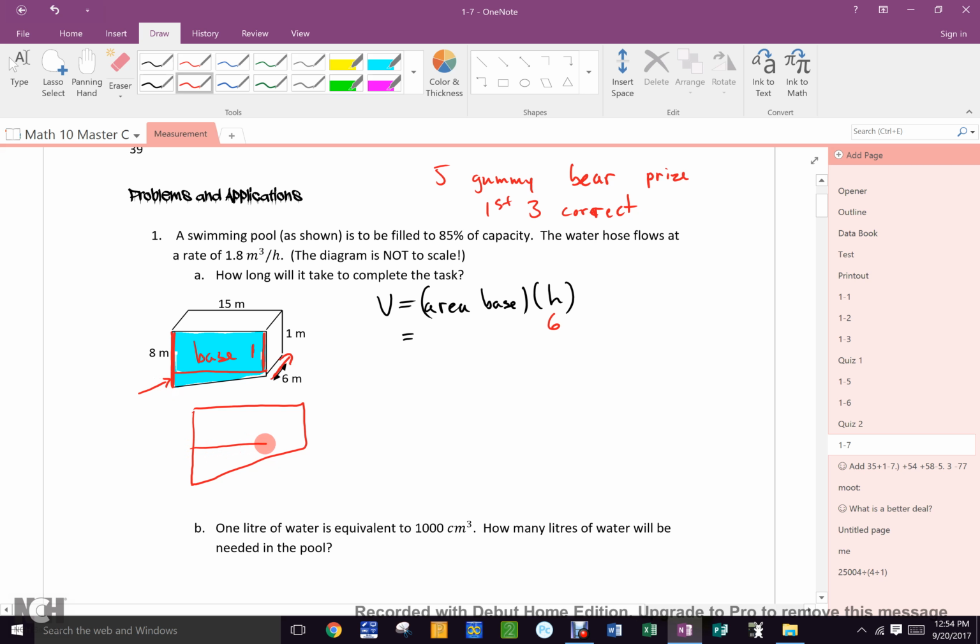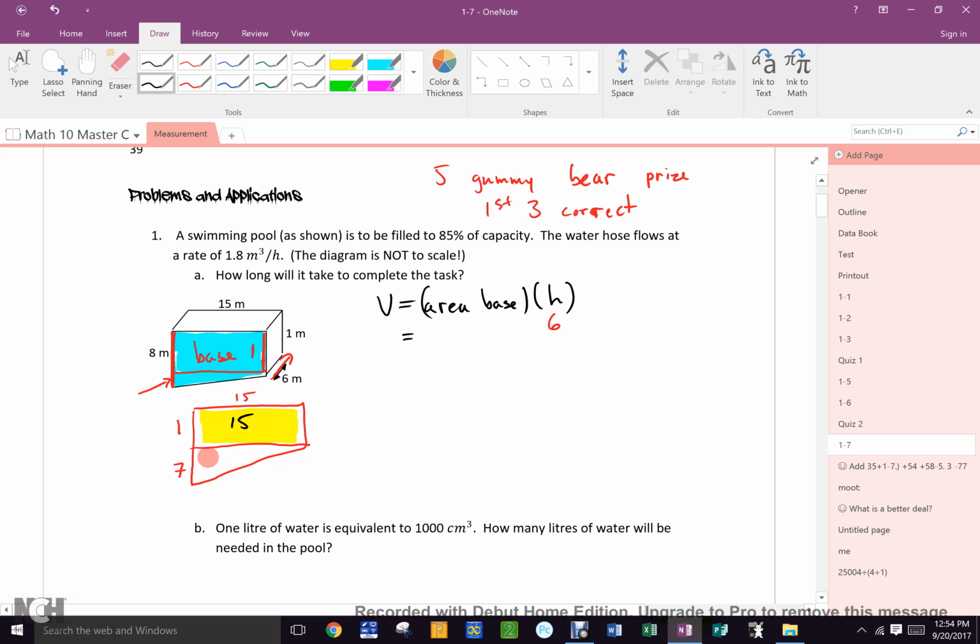So if I draw it better, I get 1, 15, and 7, correct? What is the area of this part of the base? How do I find the area of a rectangle? Length times width. What's the length and what's the width? Doesn't matter.